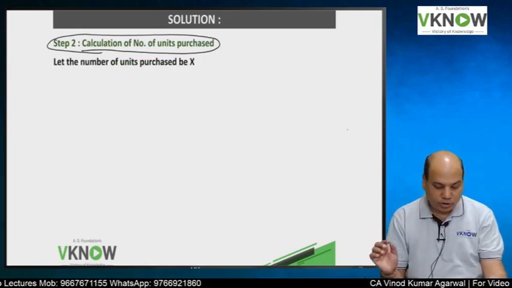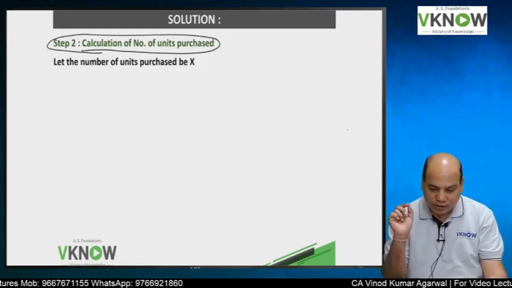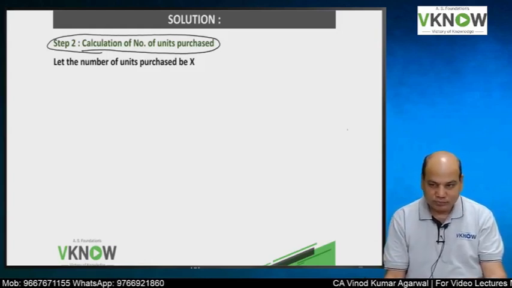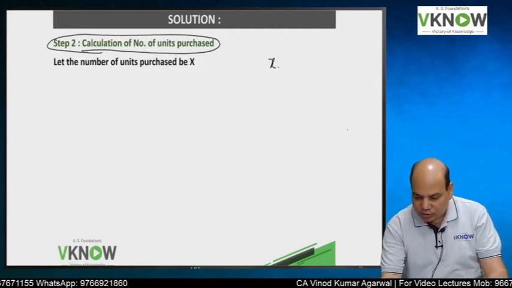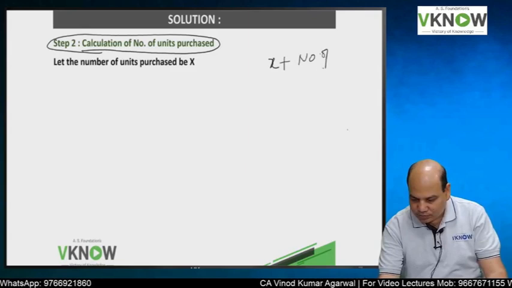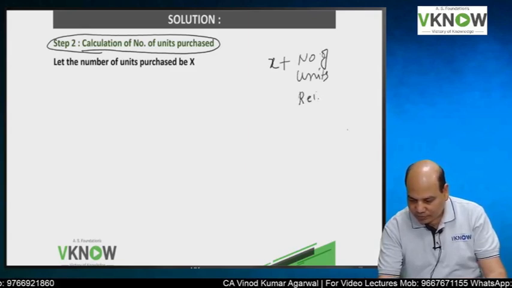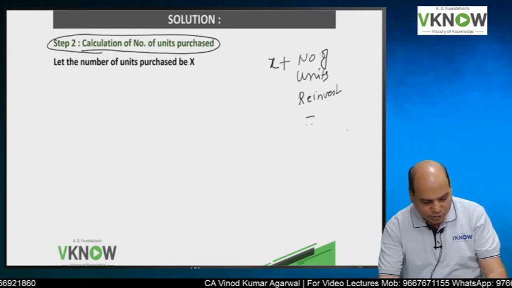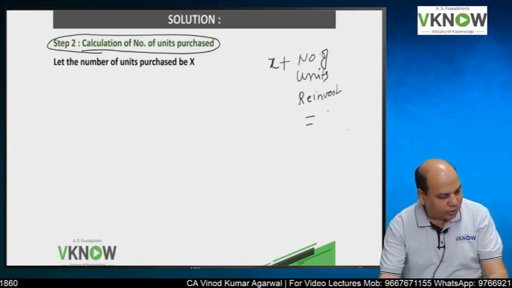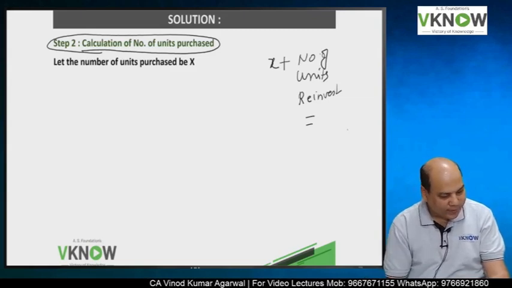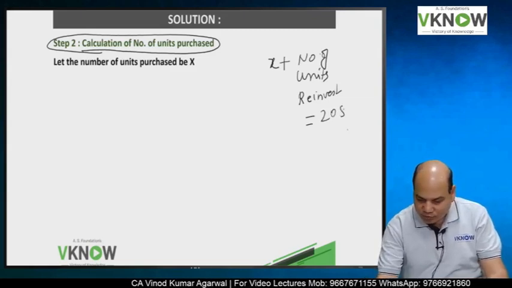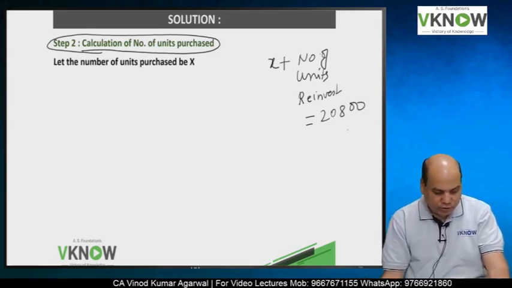This is a question of dividend reinvestment asked in the exam. So for the number of units purchased, we have to solve an equation: X plus number of units which you are going to reinvest should be equal to closing units which was given to you, 20,800. So the student will have to solve an equation.